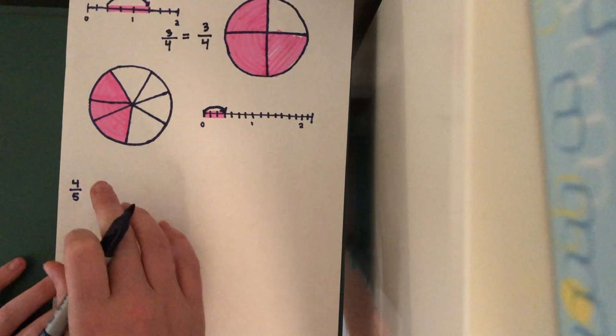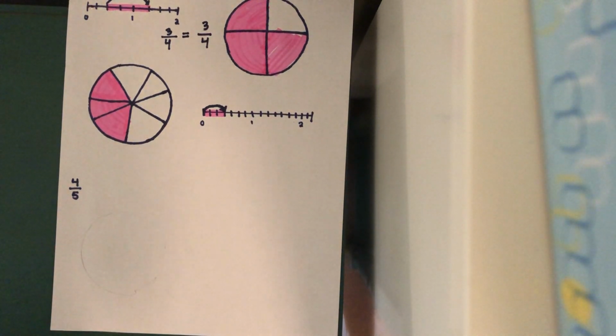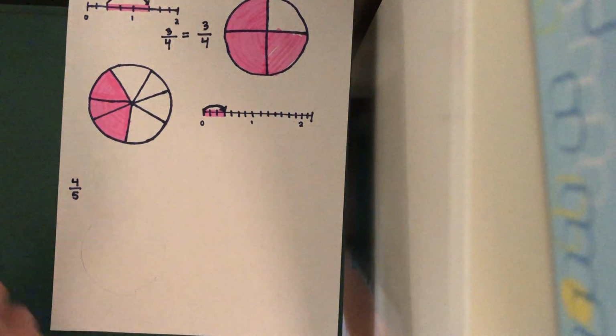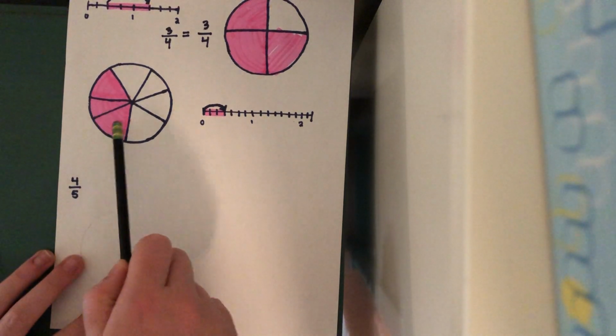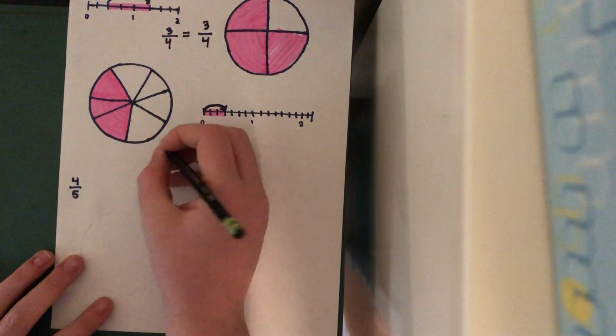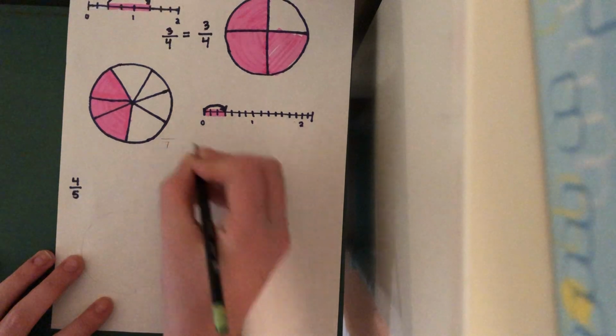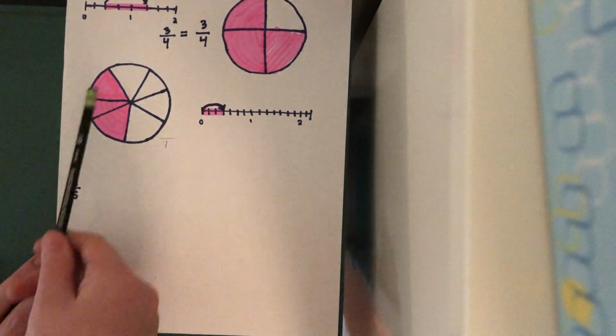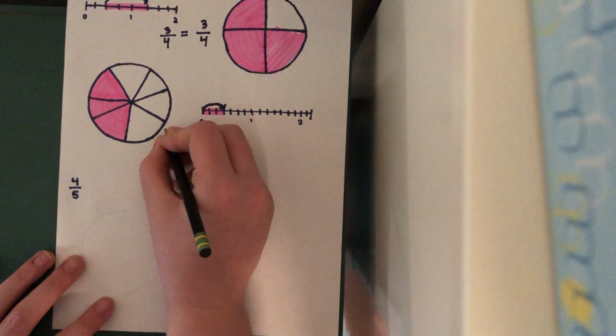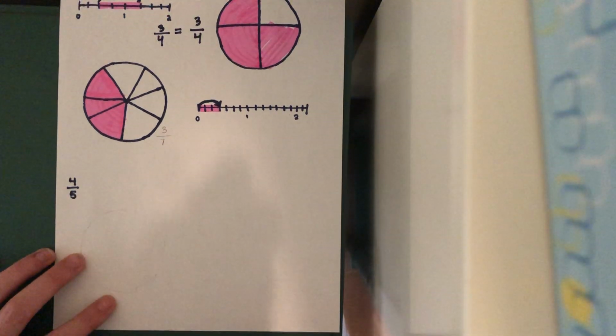So same thing, we count to see how many are within the circle to find out our denominator, which is 1, 2, 3, 4, 5, 6, and 7. And now we count how many are shaded, which is 1, 2, and 3, which is our numerator.